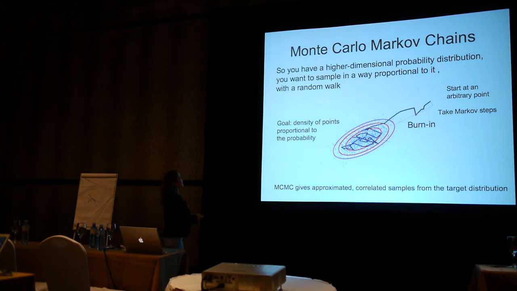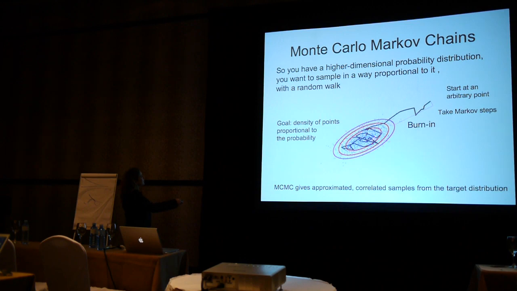So the idea is you start at an arbitrary point in the parameter space and take a Markov step. What does a Markov step mean? It means that where you go depends only on where you are, and that depends on where you were before. Imagine your probability distribution is here, so you start taking steps, and this region obviously is useless, which is called burn-in.